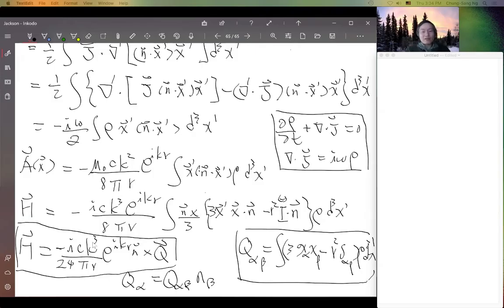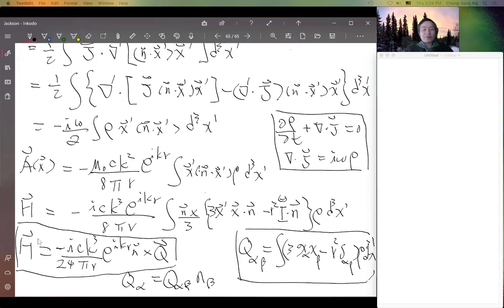It's n cross a vector, but this vector is Q. This Q is given by the quadrupole tensor dot into n, so it's not a constant in the sense that after you integrate there's n dependence in Q also. But it's n cross a vector.